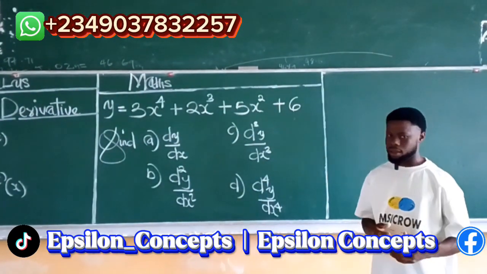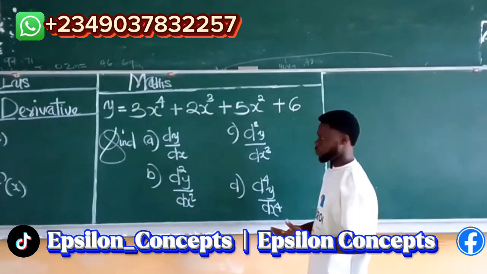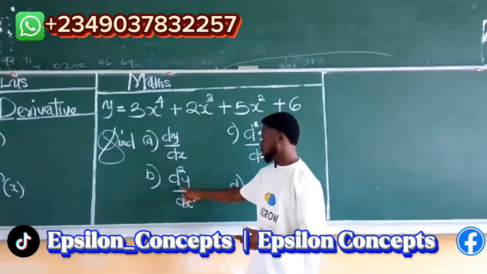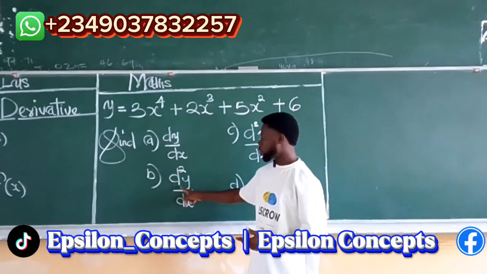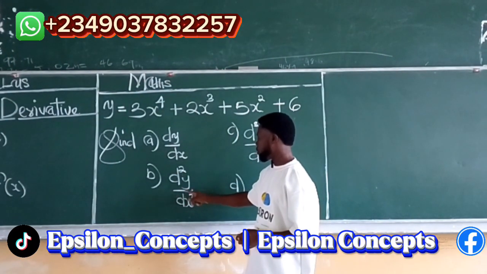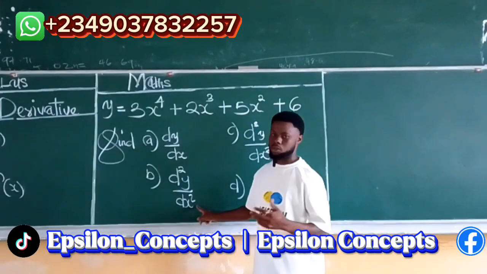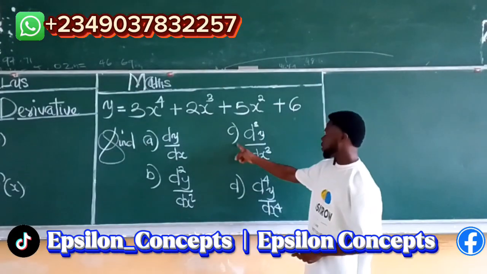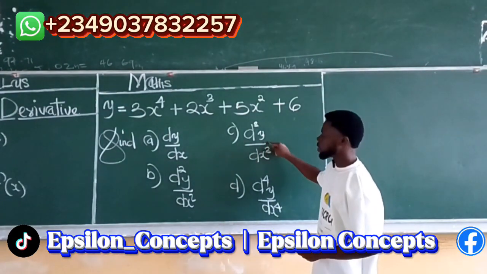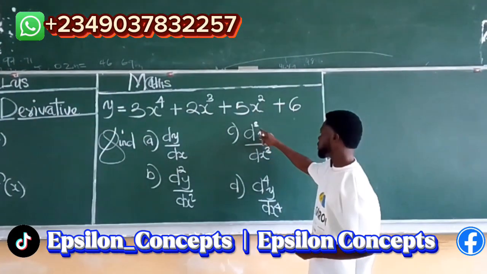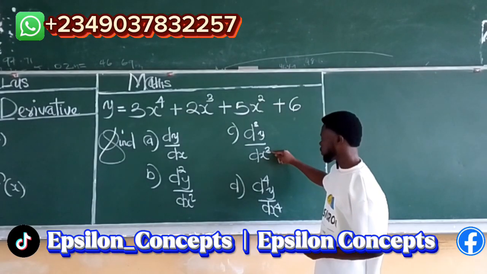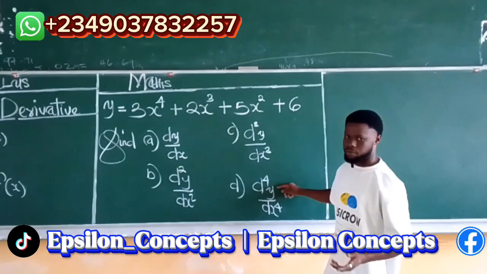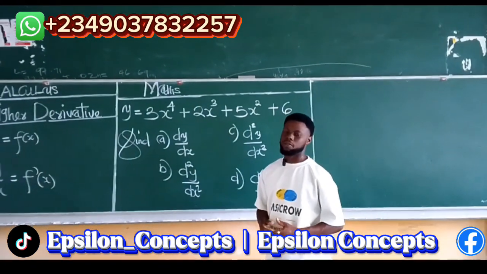Find A, the first derivative, which is known as dy over dx; B, the second derivative, which is read as d squared y over dx squared; C, the third derivative, which is d cubed y over dx cubed; and D, the fourth derivative. So how do we obtain the final result?